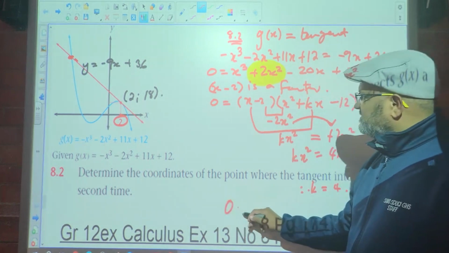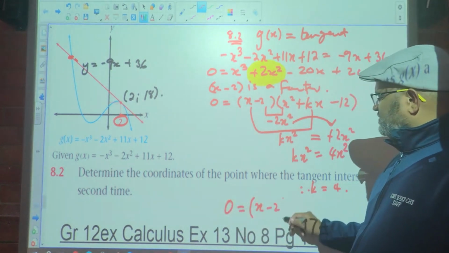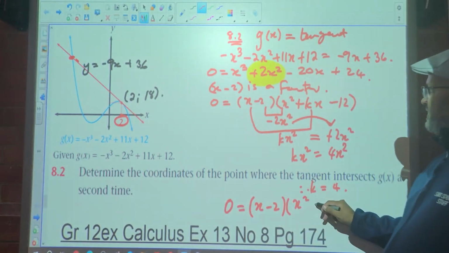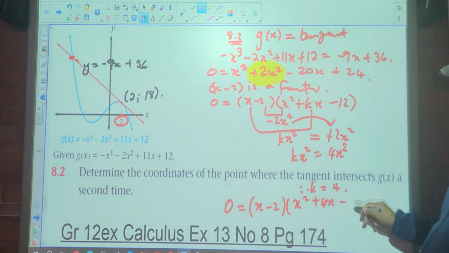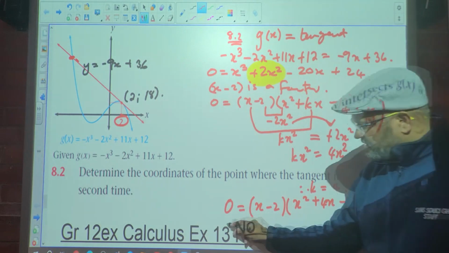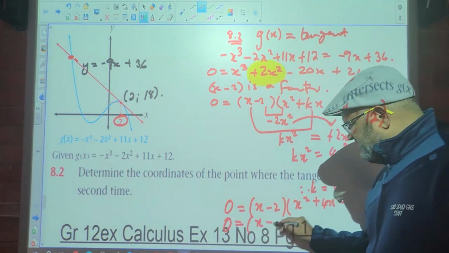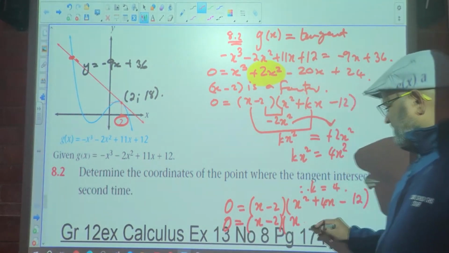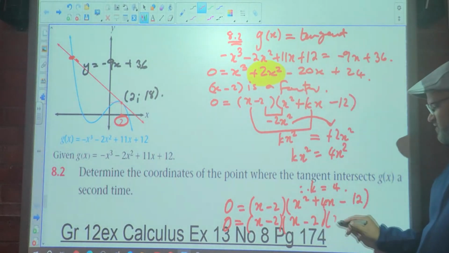So what are my factors now? x minus 2, x squared plus 4x minus 12. So what is this to us now? A trinomial. So you factorize the trinomial. It's x minus 2 and x plus 6.